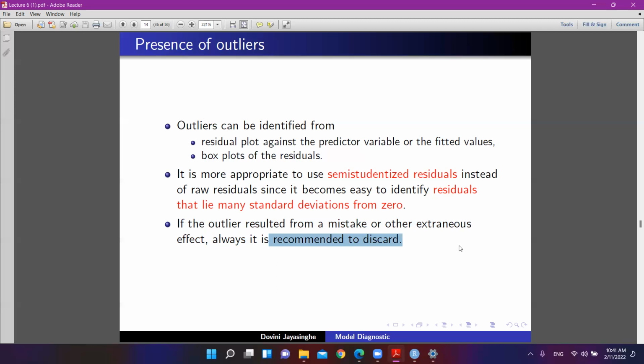If your sample size is 10, and you have one outlier which is there by mistake, and you don't know the initial value, then you make your sample size 9 and refit the regression model. If you know the initial value, you can just replace it.